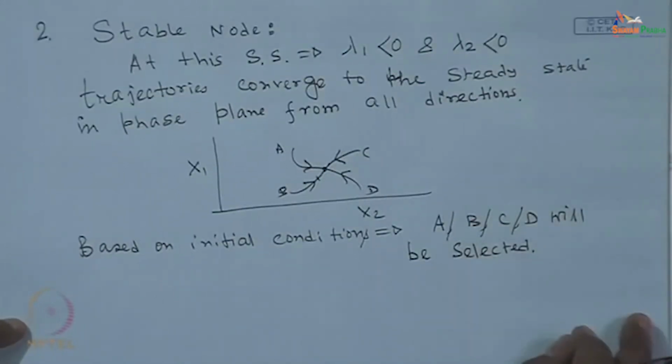That means, in the case of a stable node, the eigenvalues are less than 0. Both of the eigenvalues are negative, and one can have a very stable system around that point. Any deviation about the steady state will lead back to that steady state.